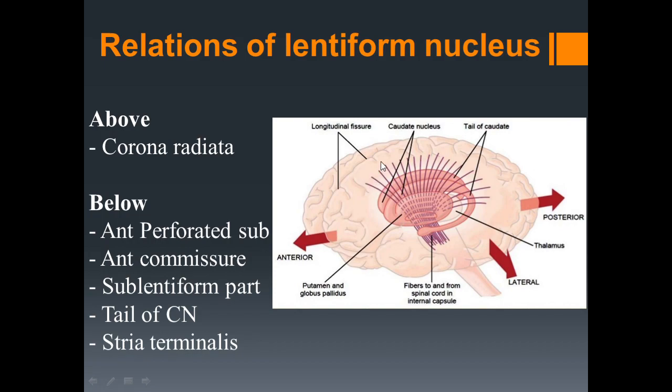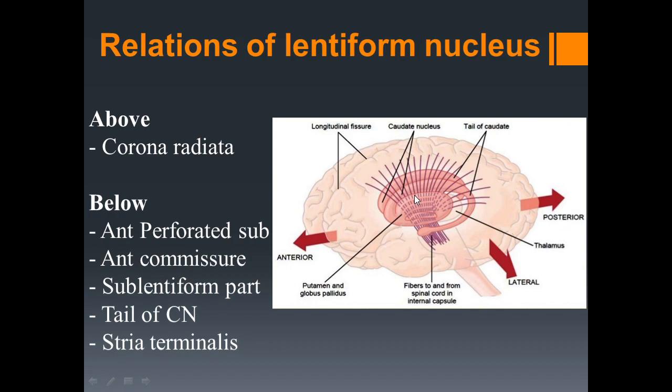So these are the various white fibers which arise from the different motor areas, different cortical areas of the cerebral hemisphere. And these white fibers are called as corona radiata. And these corona radiata fibers, they converge to form the internal capsule. So this internal capsule lies between the thalamus and the corpus striatum.